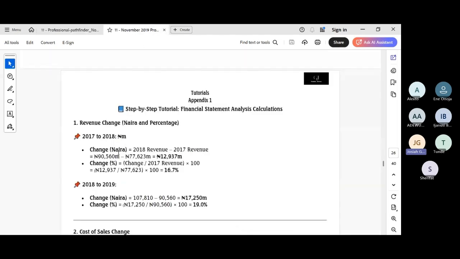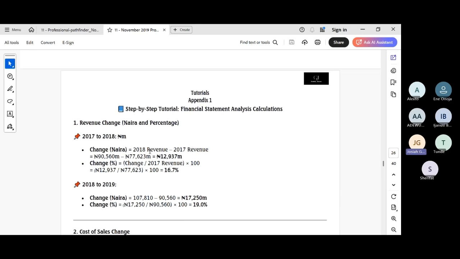So the change is 2018 subtracted from 2017, or rather 2017 subtracted from 2018, and you have the difference, which is what we did. And the change, which is this 12.9 divided by the previous year, 2017, will give us the percentage change.